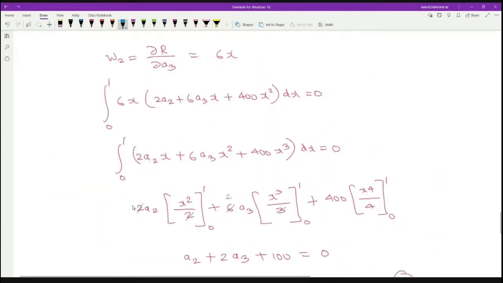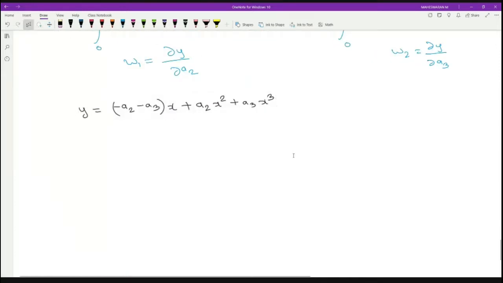So let me take what is my y term. Now I am going to partially differentiate this. Let me identify what is dou y by dou a2. Partially differentiate with respect to a2. In that case, this x is inside, right? So we'll get minus x plus x square.